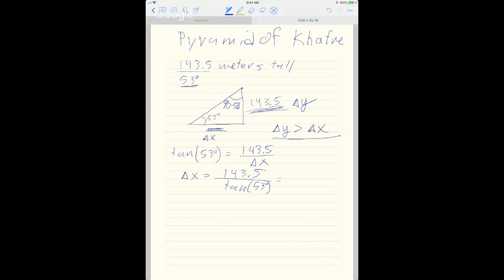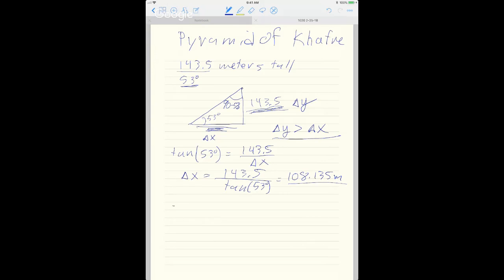And we get a length of 108.135 meters. And that is half of the length of the base of the pyramid. So we can multiply that by 2 to get the whole length of the pyramid.